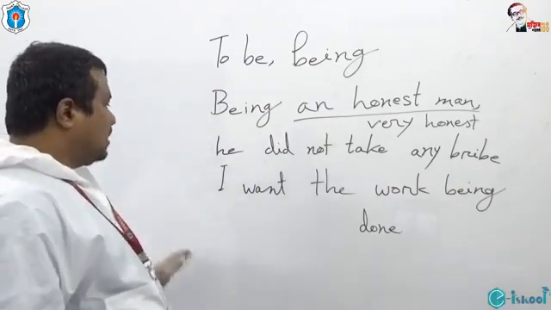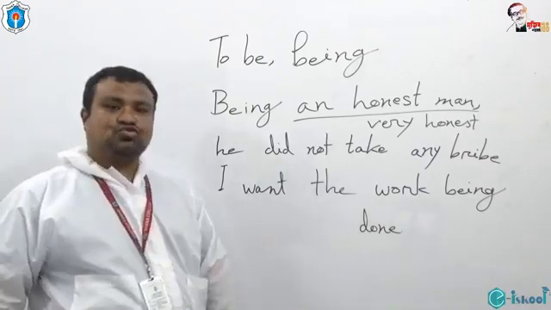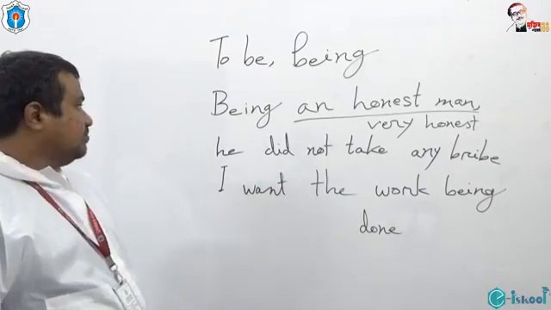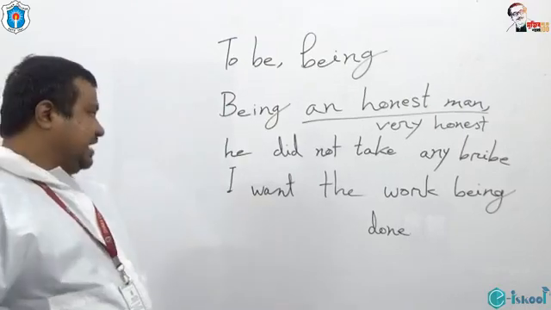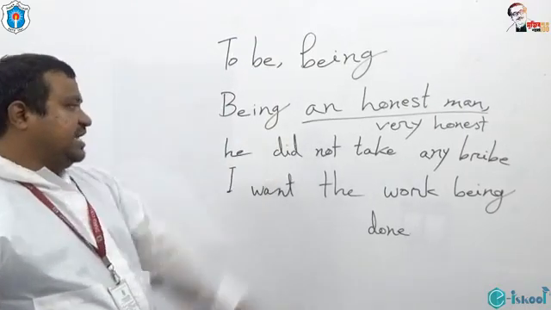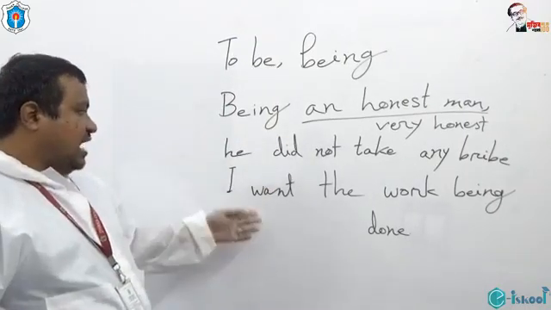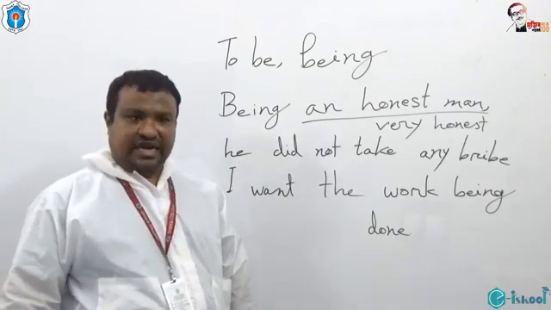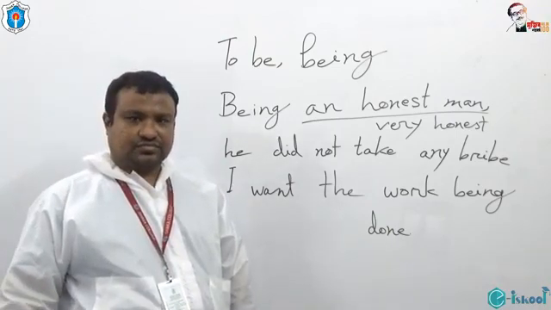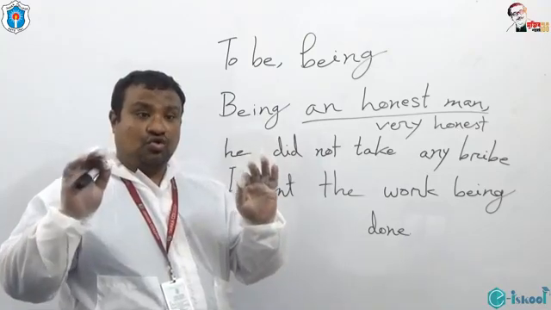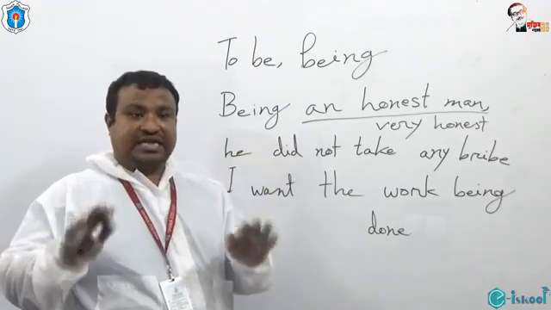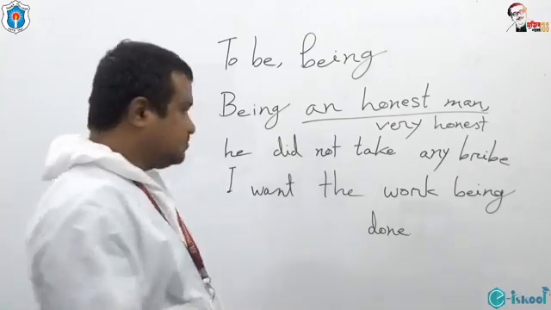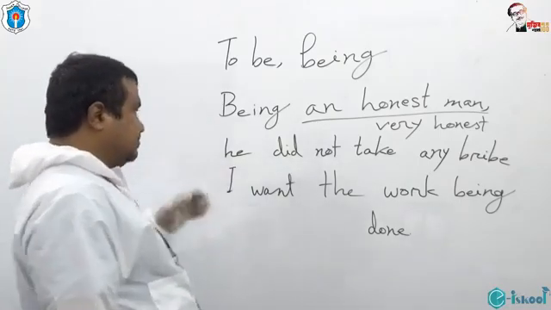So focus upon these two sentences. Being an honest man, he did not take any bribe. I want the work being done. So what are the differences? Let's see.